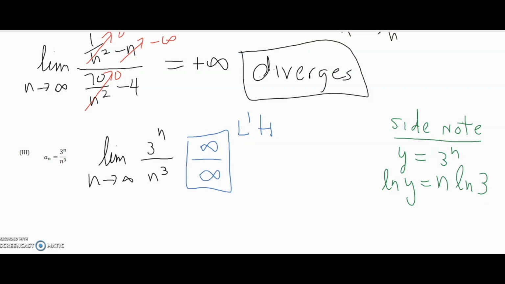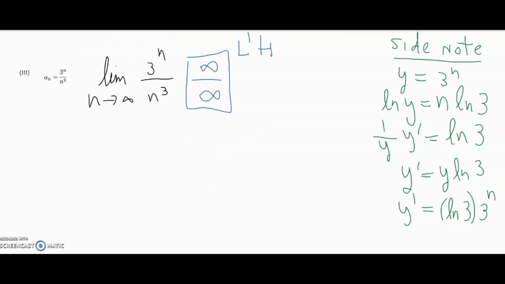I'm left with 1 over y times the derivative of y, and on the right side, just the natural log of 3. If I now multiply both sides by y, I'm left with y prime equal to y times the natural log of 3. Making the original substitution, y prime is the natural log of 3 multiplied by 3 to the n.